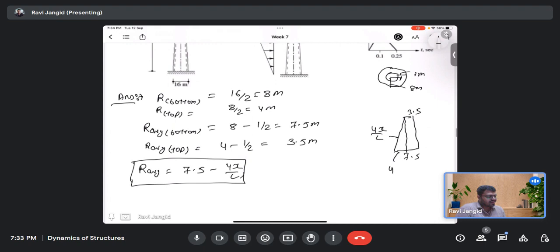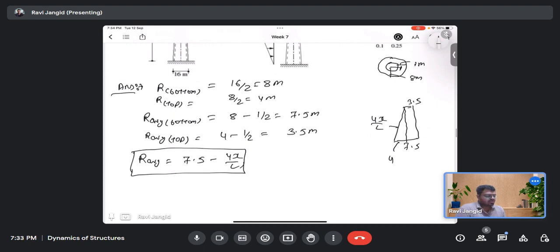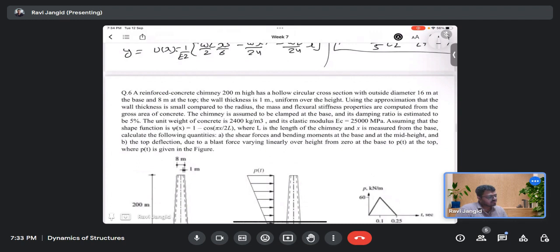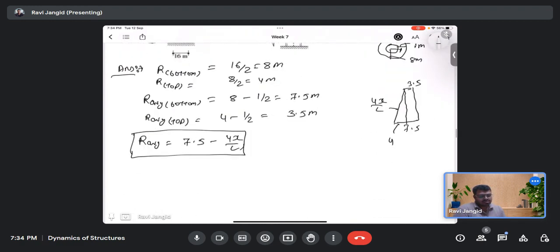Now we need to find the area and mass. They have told in the question that the mass and the flexural stiffness properties are computed from the gross area of the concrete. So for the mass, I need to calculate the area first.